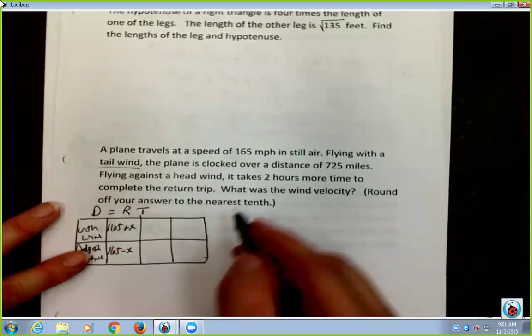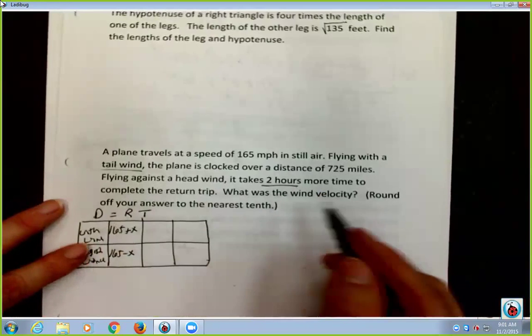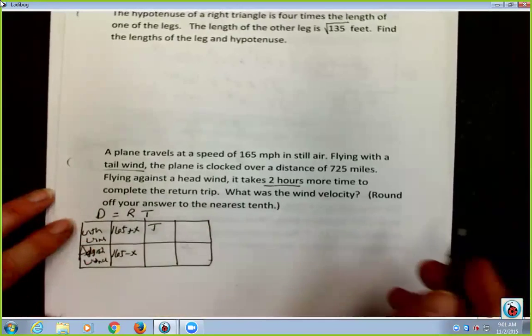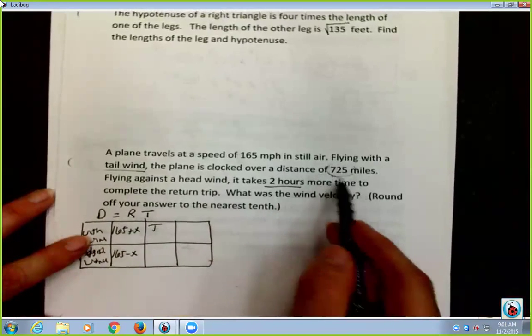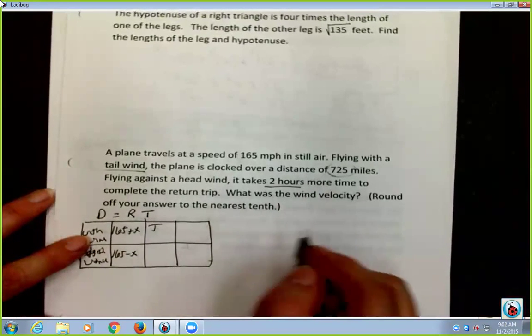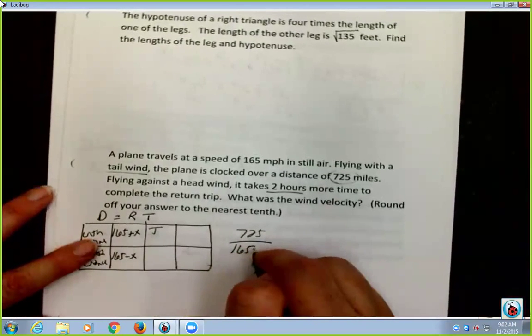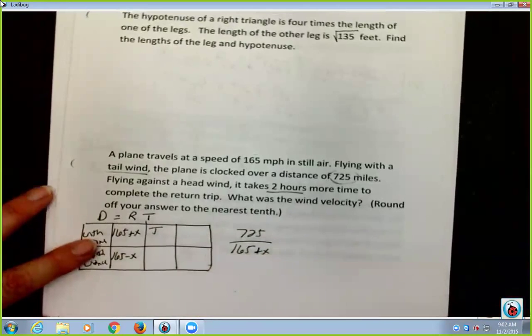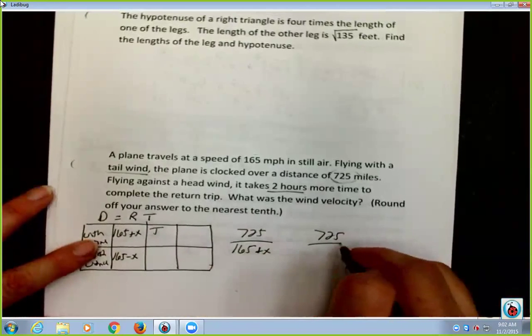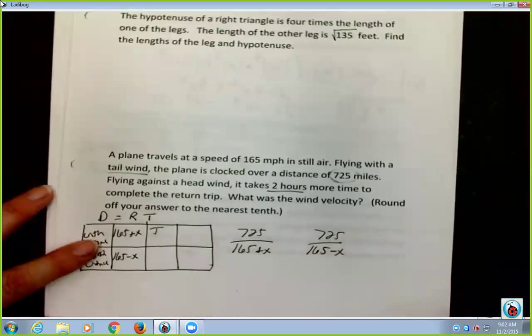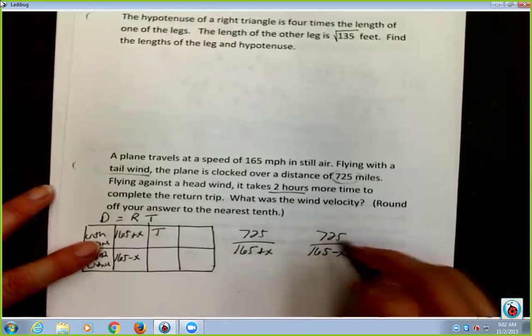We know that it takes 2 hours more to do the other, so we've got to get fractional values in here. So time is going to be the 725, which was my distance, divided by 165 plus x, and 725 over 165 minus x, and it's 2 hours more.